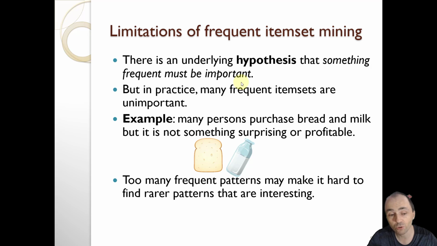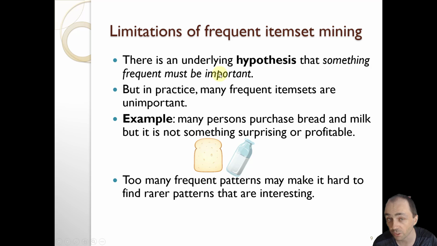Now I want to talk to you about rare patterns, okay? So first, I want to tell you some limitations of frequent item set mining. In this problem, there is an underlying hypothesis that something frequent must be important in the data. But in practice, it's not always true. Maybe something appears many times in your data, but is not useful.